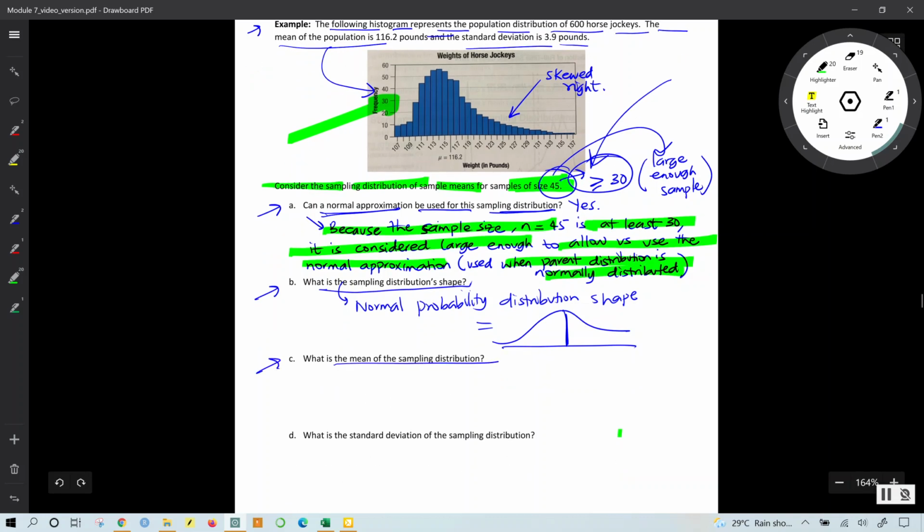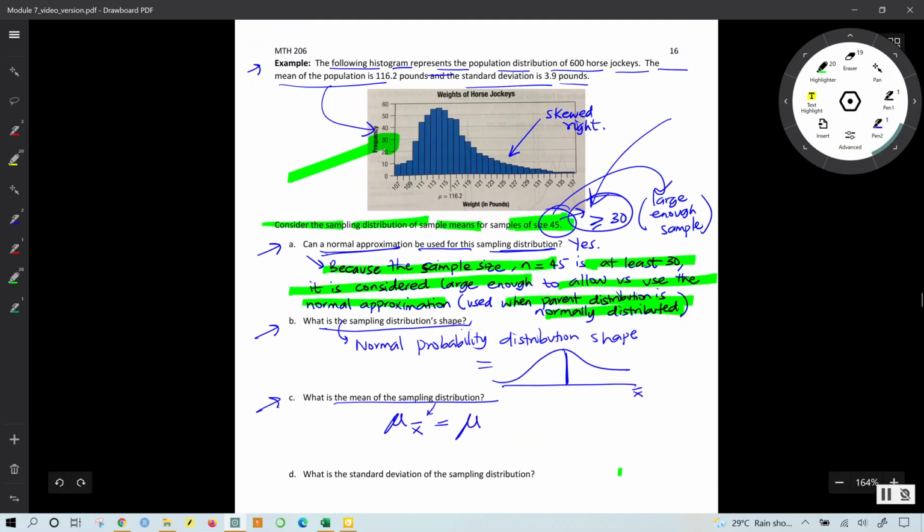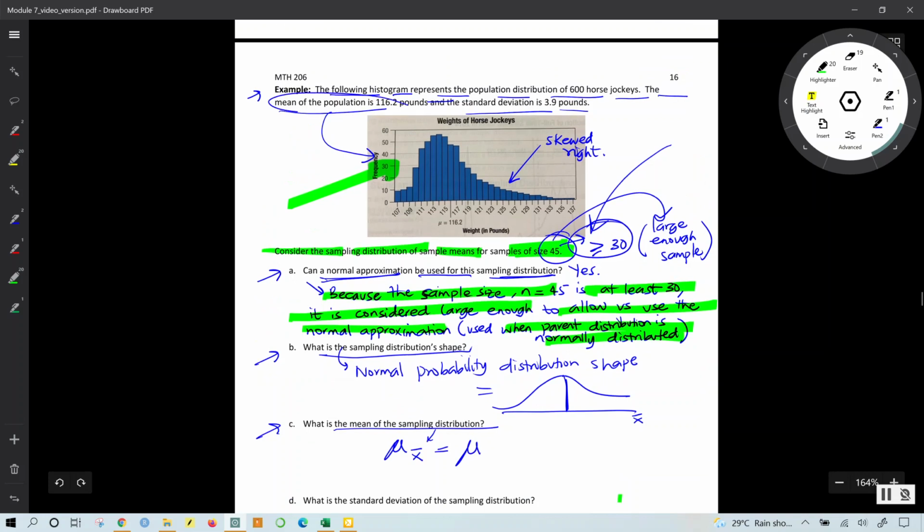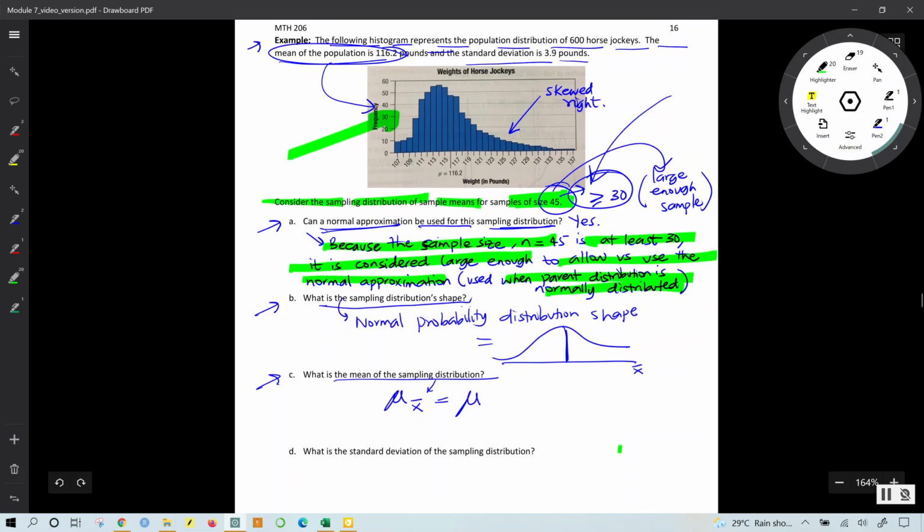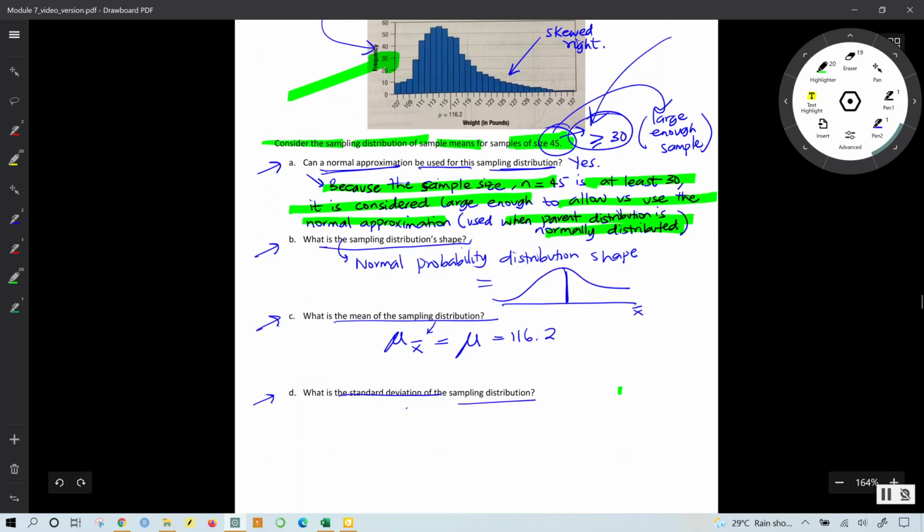So, what is the mean of this sampling distribution? The mean of the sampling distribution is the mean of x bar, and that will be exactly the same as the parent mean. The parent mean was 116.2, so this is 116.2 pounds. And then what is the standard deviation of the sampling distribution? This will be the standard error of the sampling distribution, and that will be equal to the standard deviation divided by the square root of n.